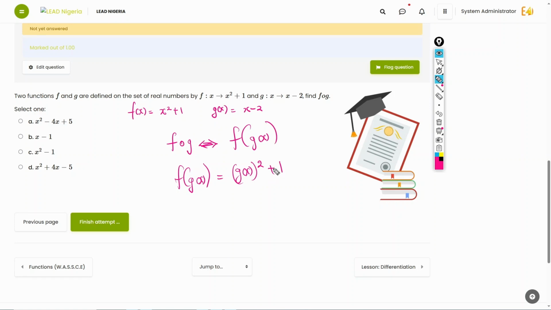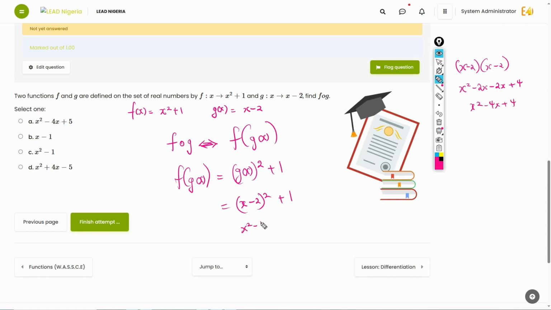So g of x squared plus 1, which is (x minus 2) squared plus 1. If I expand this, let's do x minus 2 by x minus 2. This would be x squared minus 2x minus 2x plus 4, so x squared minus 4x plus 4.